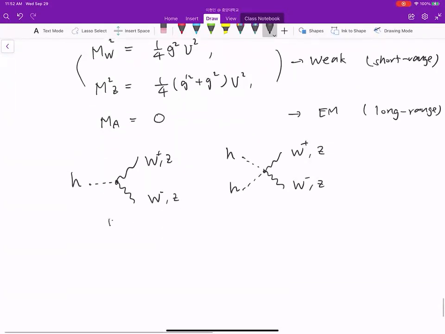So from this one, the Higgs can decay to WW.